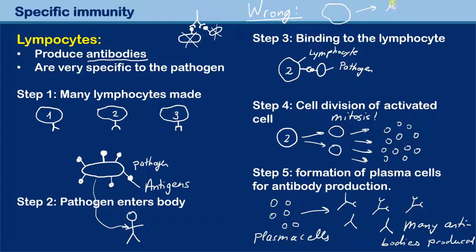So this one over here is round at the tip, able to bind against round antigens. At the same time, it makes one that looks like a triangle shape, and at the same time, it makes one that has these squares over here, and this is wrong.